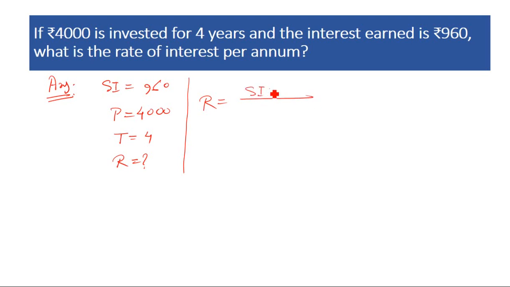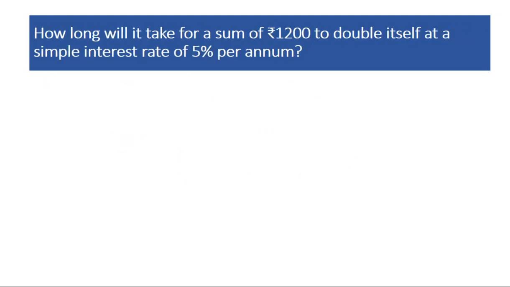R is equal to SI into 100 by P into T. 960 into 100 by 4000 into 4. 6% is the correct answer.